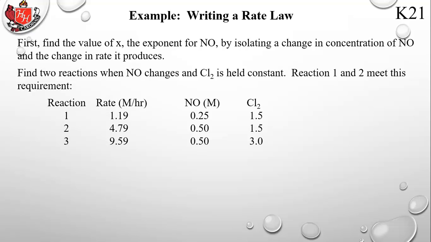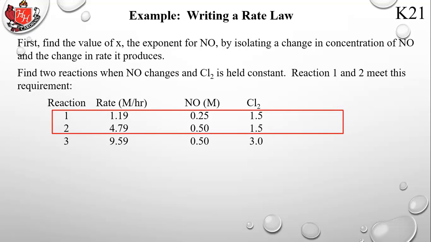In reactions 1 and 2, Cl2 is 1.5 molar in both of those, so it doesn't change. But the NO, you can see in reaction 1 is 0.25 and in reaction 2 is 0.5, so that's different. So you're going to see how the different concentrations of NO will affect the rate, how fast the reaction takes place. So we're going to pick those two reactions.